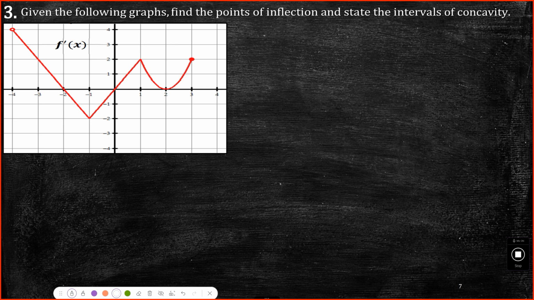The most important thing is to understand what you're given, which graph it is that you're given. This f prime of x is not the position function, it's actually the velocity, if you want to think about it like that.